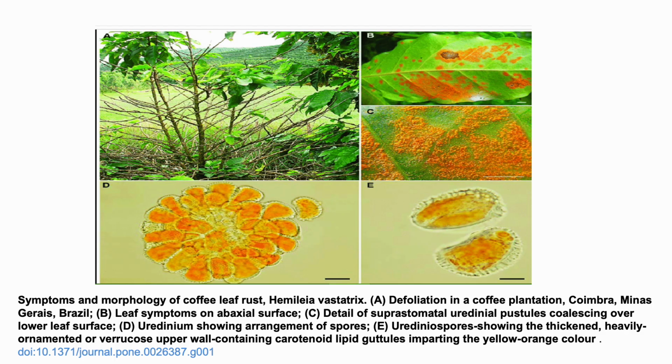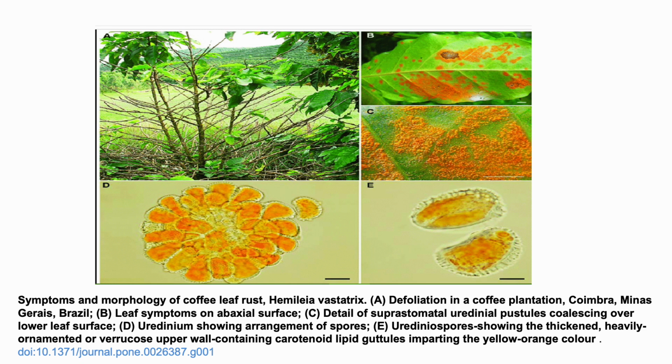Researchers have also proposed that the sexual stage might be completed by the urediniospores, which would act as functional teliospores. In this picture, I want to show that because of the infection of this pathogen, Hemileia vastatrix, there may be defoliation in the coffee plantation. In B, the leaf symptom that is produced on the abaxial surface. In C, detail of suprastomatal uredinial pustules coalescing over the lower leaf surface.